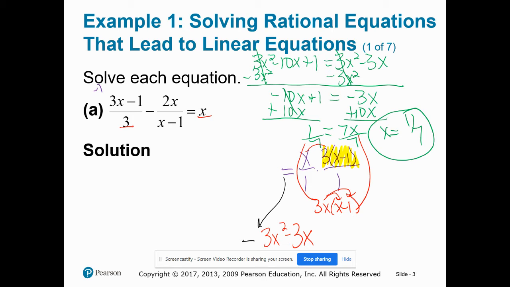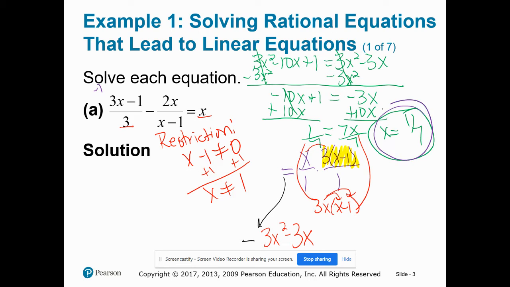This x doesn't have a denominator, so there's no variable there to worry about. That means our only restriction is coming from that x minus 1. And so we set x minus 1 equal to 0, add 1 to both sides. And this says x cannot equal 1. Well, x cannot equal 1, but our answer is 1/7, and they're not the same. So this is a good solution.